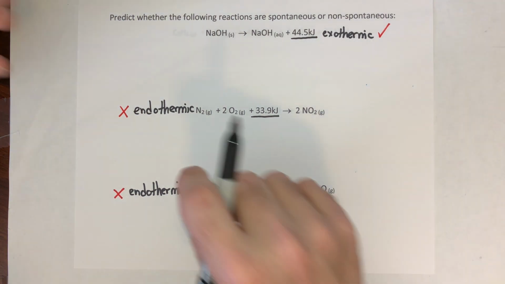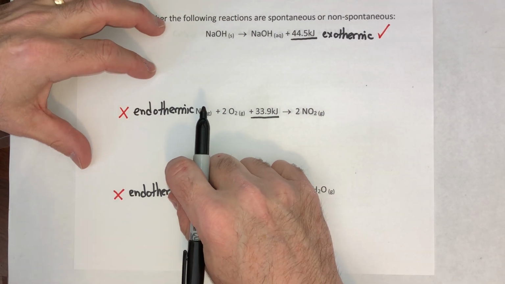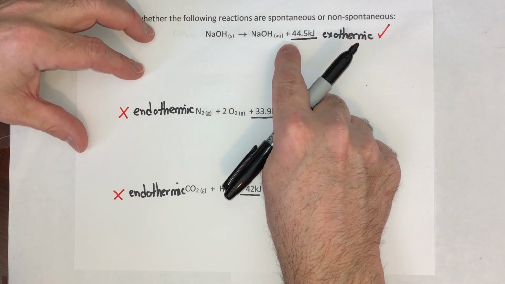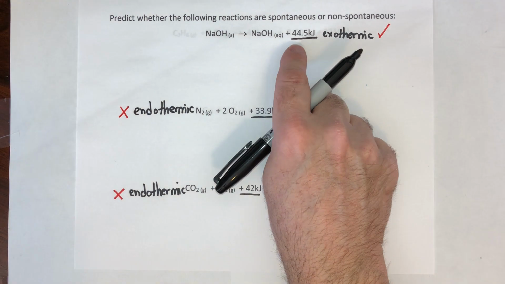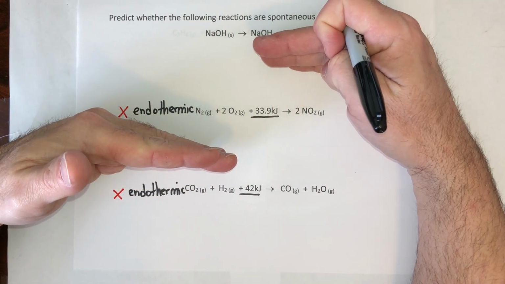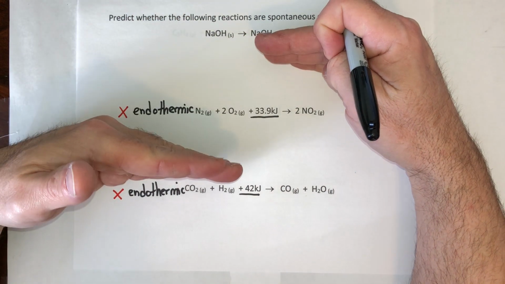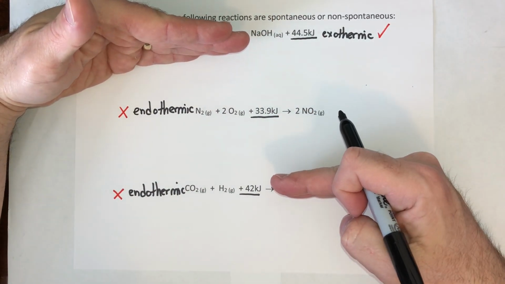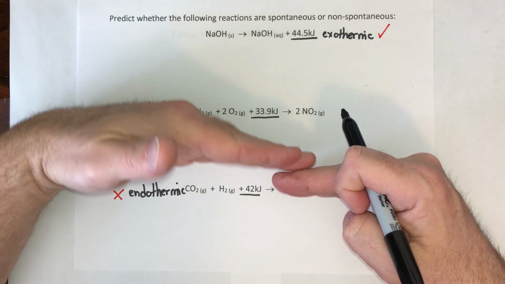Okay, so if we are going to predict entropy changes, in any chemical reaction you should count. Because if you go from low number of reactants to high number of products, then that's a positive change in entropy. If you go from a high number of reactants to a low number of products, then that's a decrease in entropy.